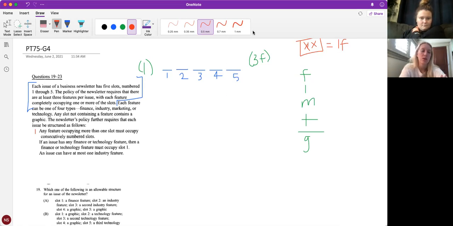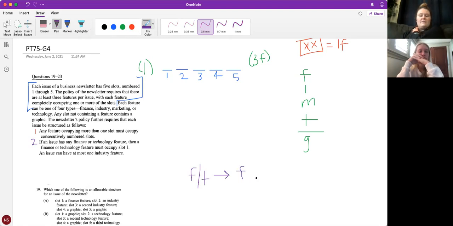The next rule though is if an issue has any finance or technology feature, then a finance or technology feature must occupy slot 1. This was also very confusing to me. So if we have F or T, then F or T has to be in slot 1.